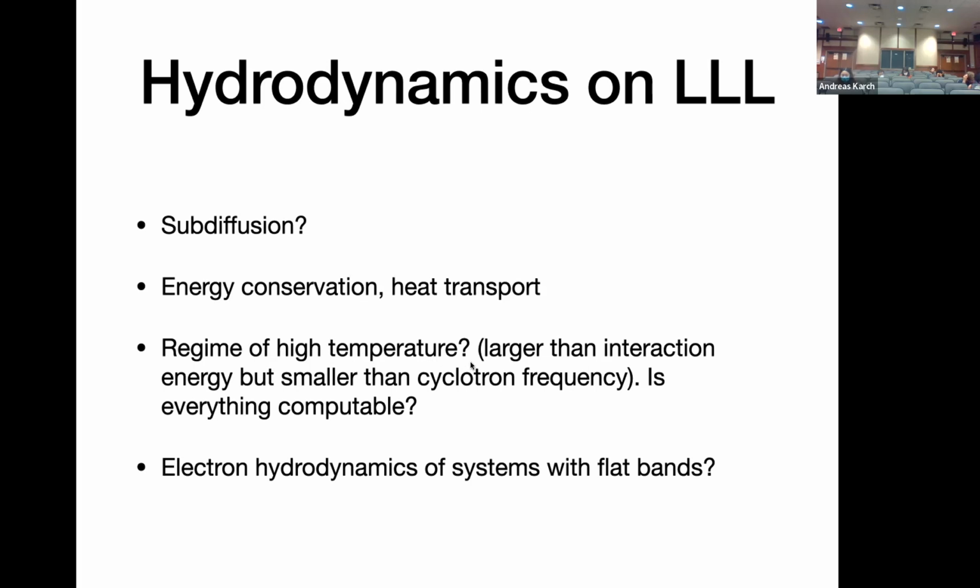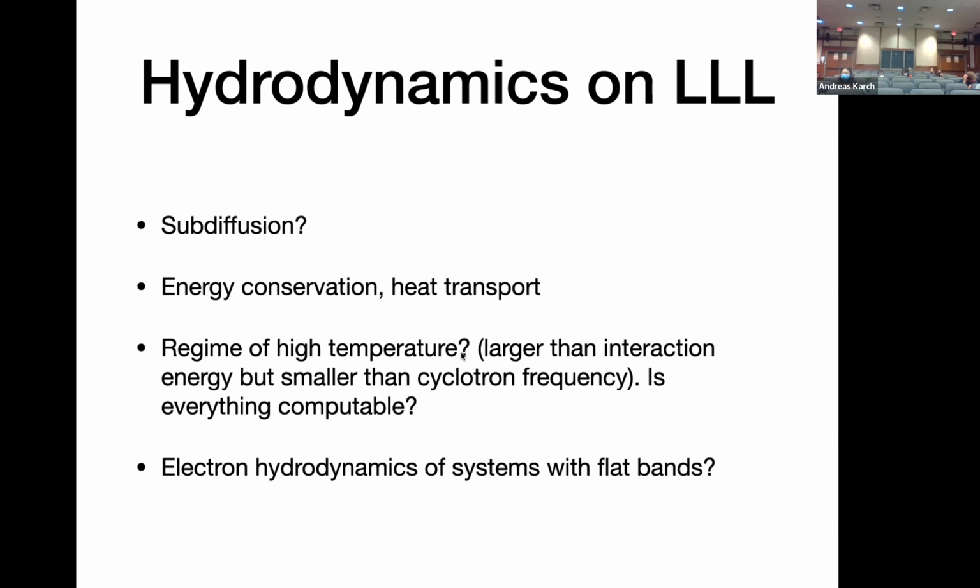high temperature. So typically, when people talk about the quantum Hall effect, they distinguish two energy scales. One energy scale is the Coulomb interaction between the electrons, and another energy scale is the distance in energy between neighboring Landau levels.